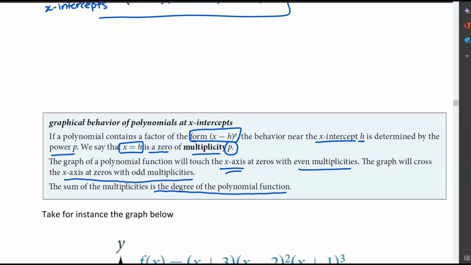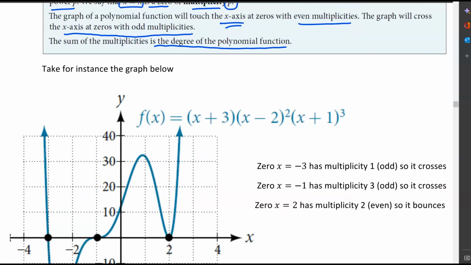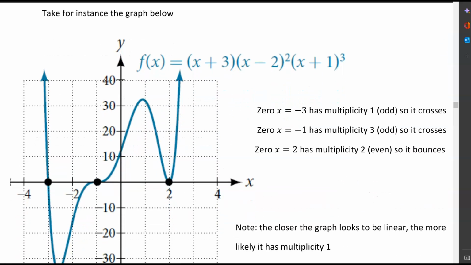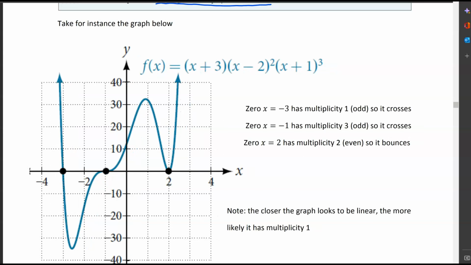Okay, so let's take a look through an example. Let's take, for instance, this graph here. We have f of x equals (x plus 3), (x minus 2), and (x plus 1). So x plus 3 has multiplicity 1. This is telling us that we have an x-intercept at x equals -3, so at -3, here's our dot.